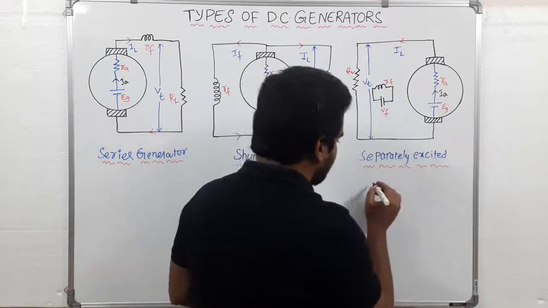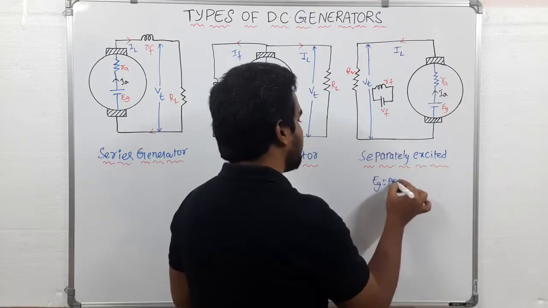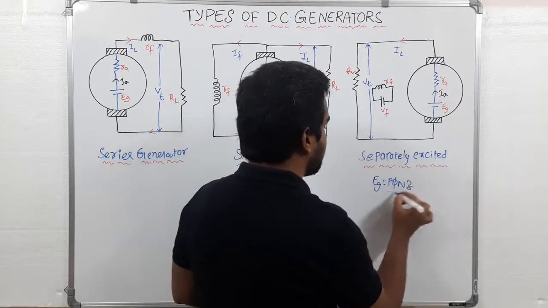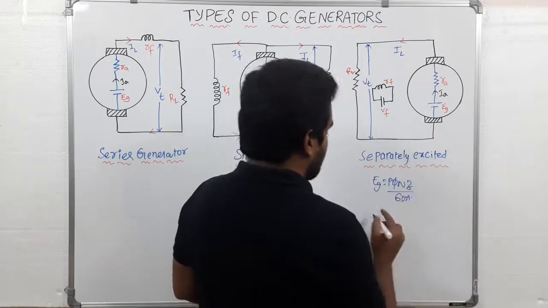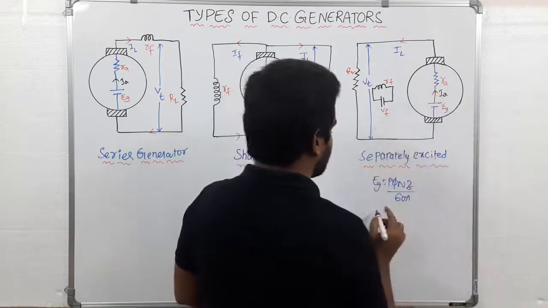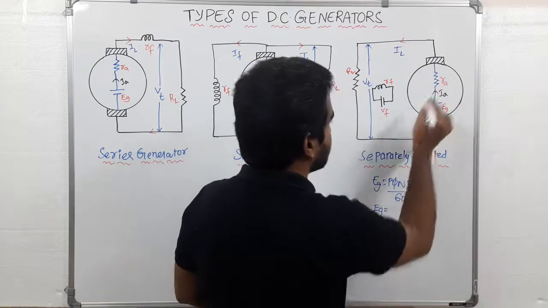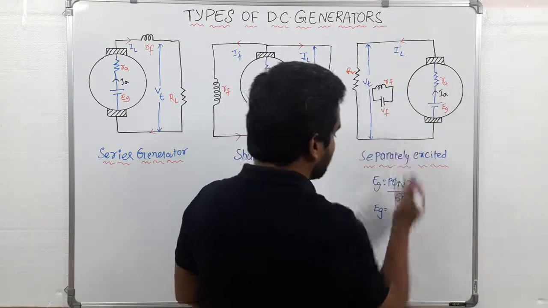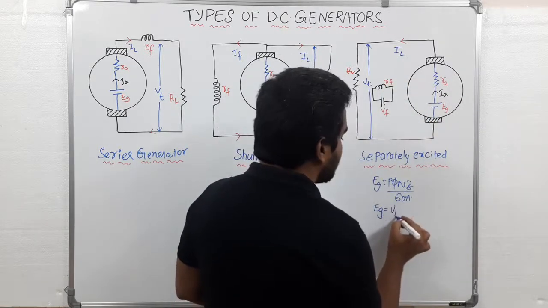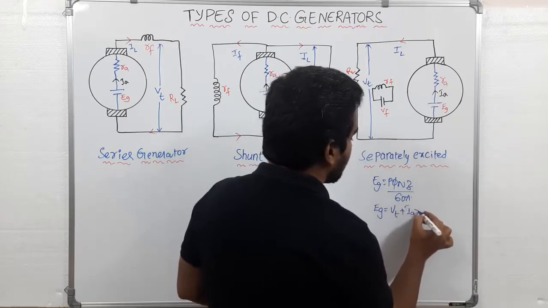So we all know that Eg equal to P phi N Z by 60A, and here Eg equal to voltage drop across the armature and terminal voltage Vt plus Ia Ra.